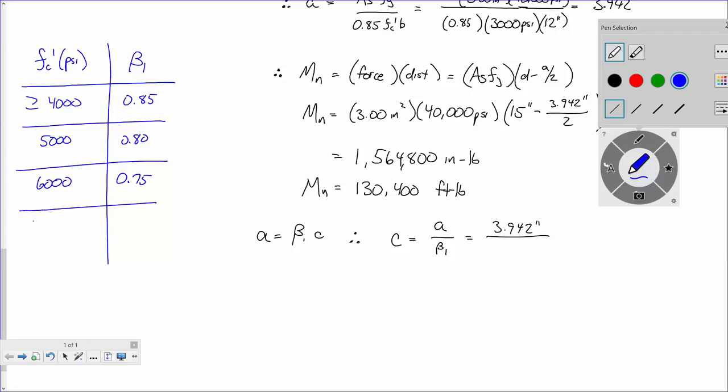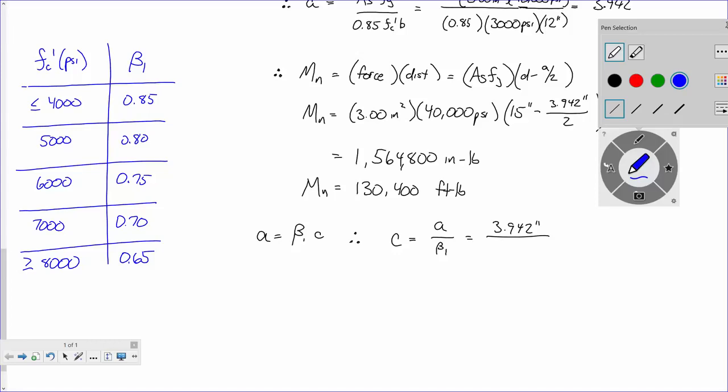You add 1,000, I guess you'd say you drop 0.05. Whoops, my symbols, that's supposed to be less than or equal. If this is greater than or equal to 8,000, it stops at 0.65. Y'all remember that?